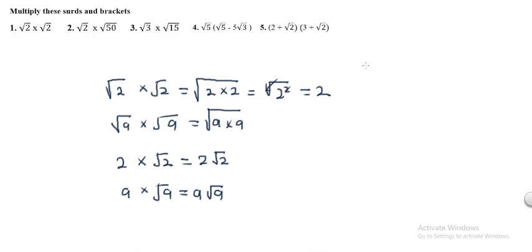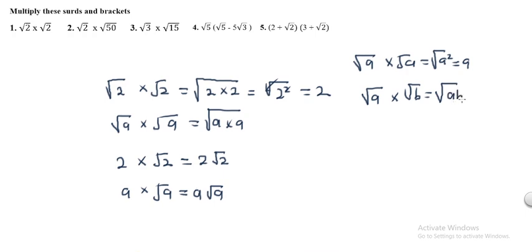What this simply tells us is that if you're multiplying the same surds of root a times root a, you are going to get root a squared, and then this will be equal to a. If you're multiplying something like root a times root b, your answer will be equal to square root of a times b, which is root ab.